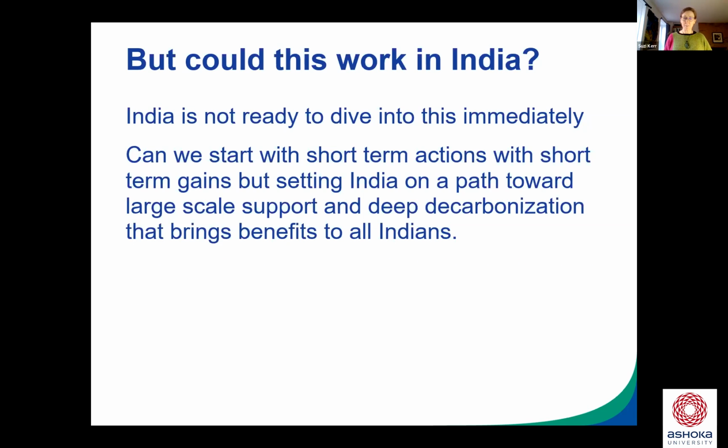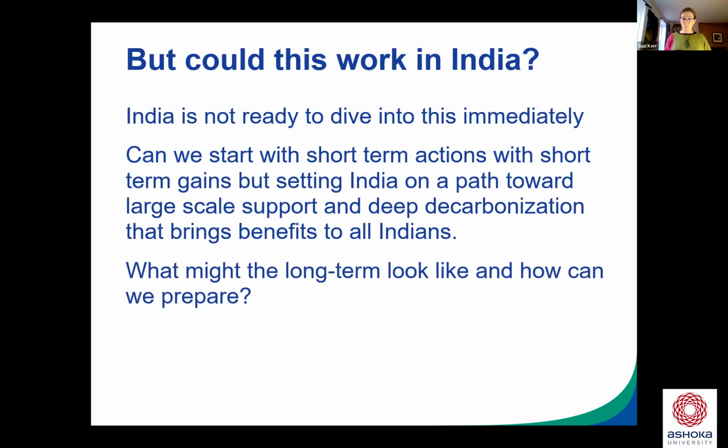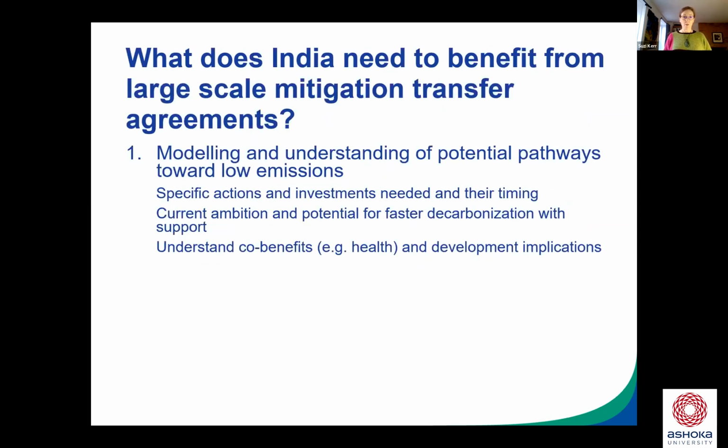So one first step, which some of my colleagues are working on with some wonderful groups in India, is to begin to explore what the long term might look like. So what does India need to be able to benefit from these large scale transfers?